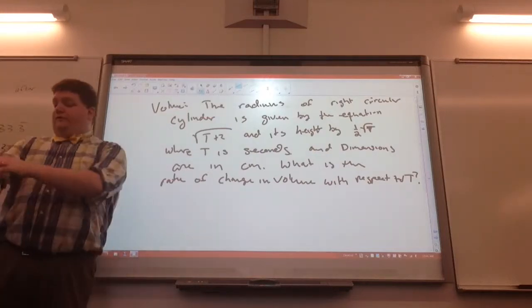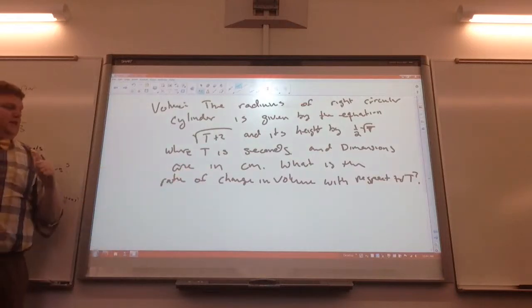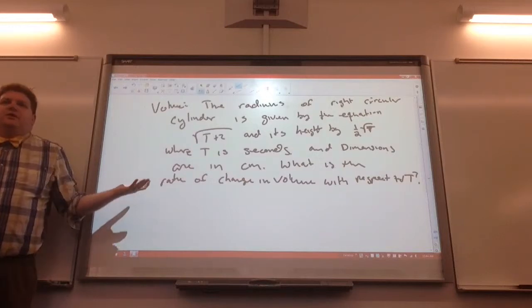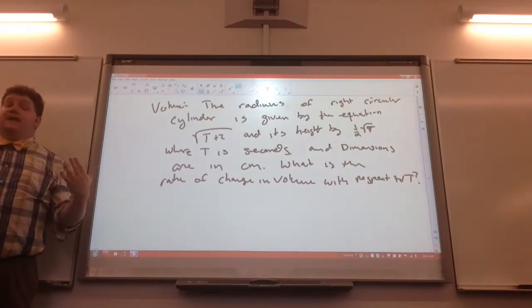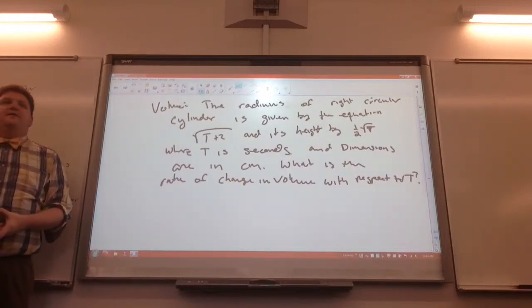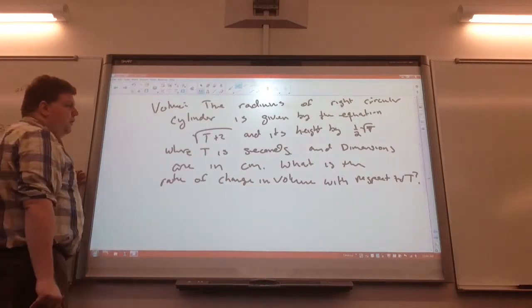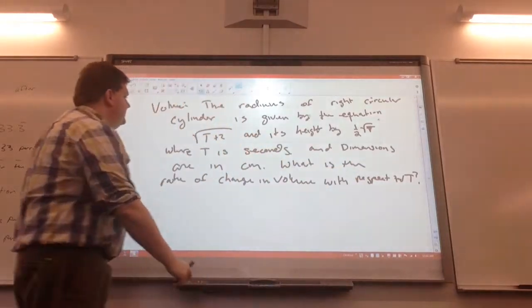So, first question: we're trying to figure out the volume of this cylinder. How do I find the volume of a cylinder? Pi r squared times the height. Remember, it's basically the area of the circular base times its height. So pi r squared h, where r is square root of t plus 2, and h is 1/2 root t.